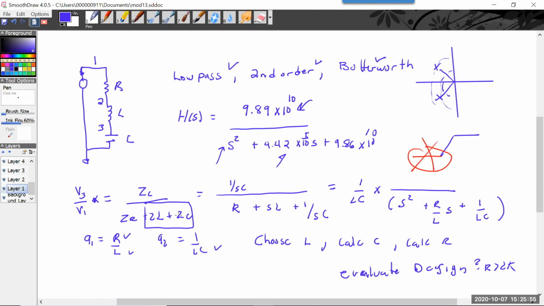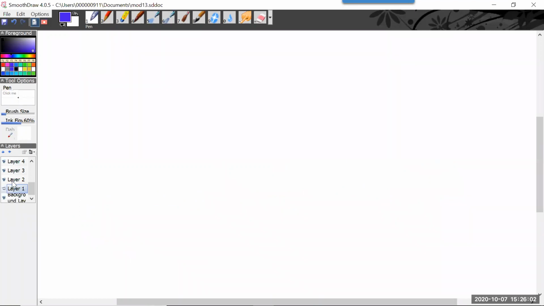All right. So let's try it. L equals 10 microhenries. Okay. So then C, when I do the calculations, will be 1.1 microfarad. All right, I can buy those. There's something very close, right?